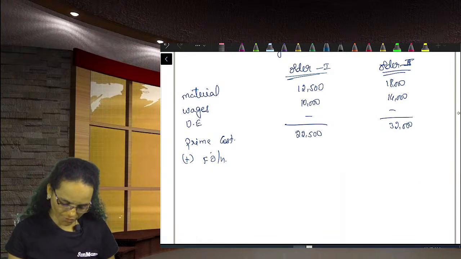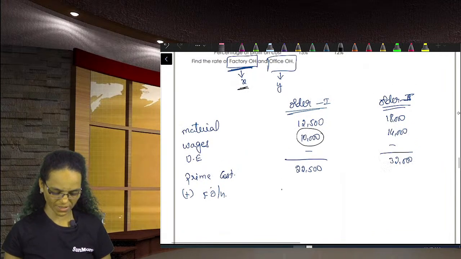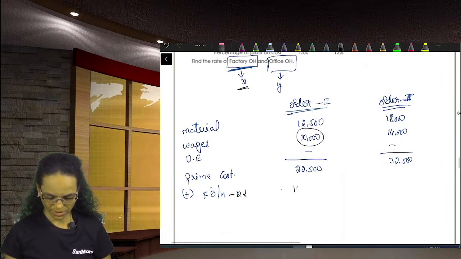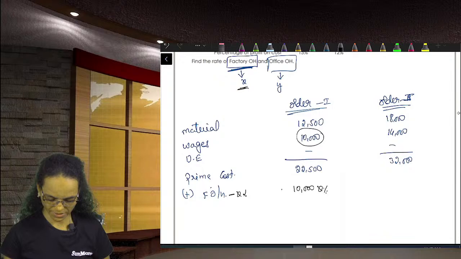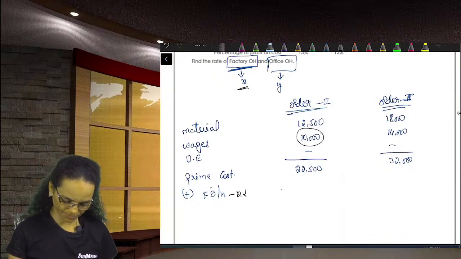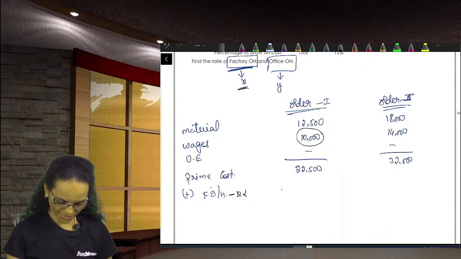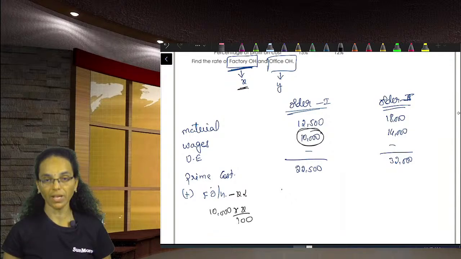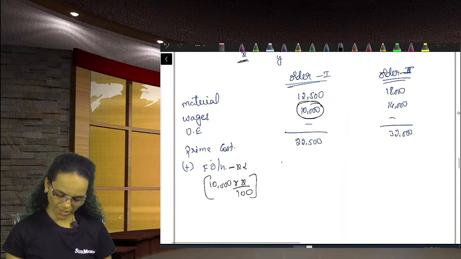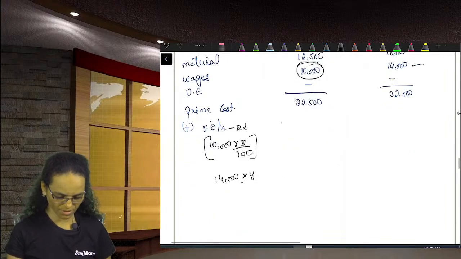This is the wages. We assumed the factory overhead percentage is X percent. So 10,000 wage cost into X percent, divided by 100. And for this one, 14,000 into X, right, for wages the percentage is X only.